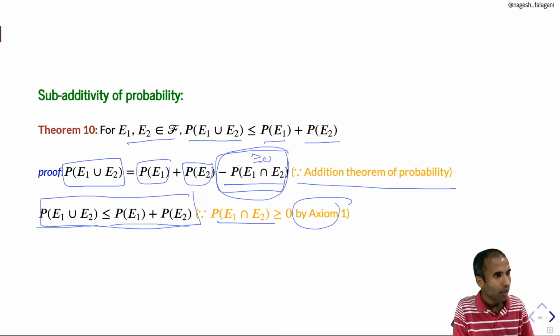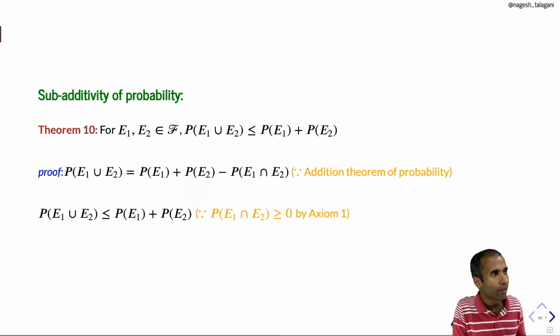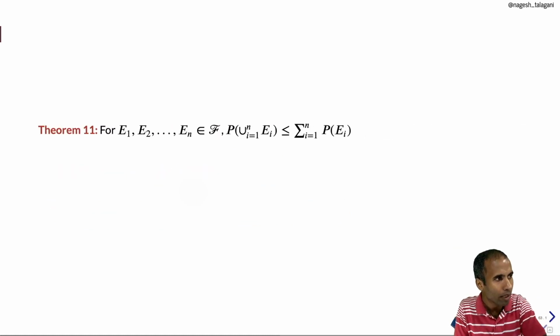Now let's generalize for n events. Theorem 11: for events E1, E2, and so on up to En in the event space, the probability of the union for i equal to 1 to n of Ei is always less than or equal to the summation for i equal to 1 to n of the probability of Ei.